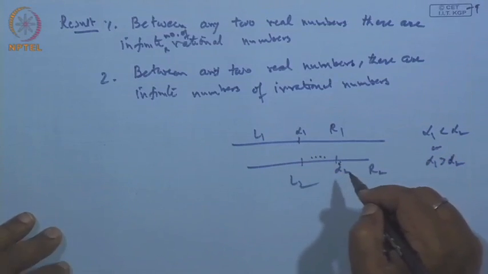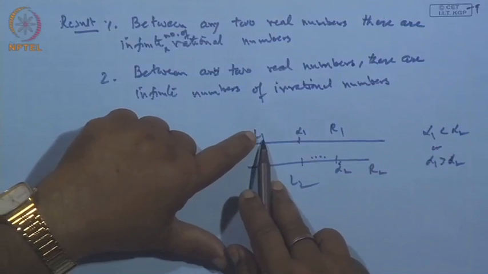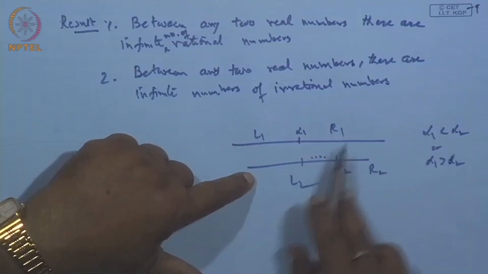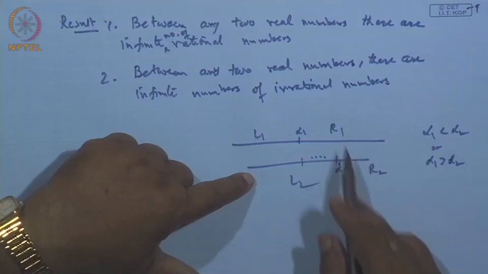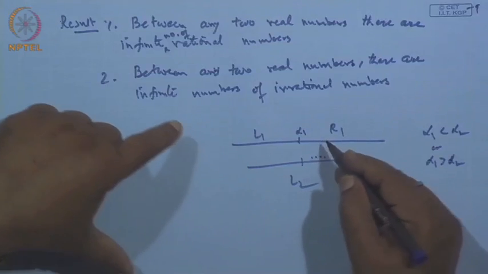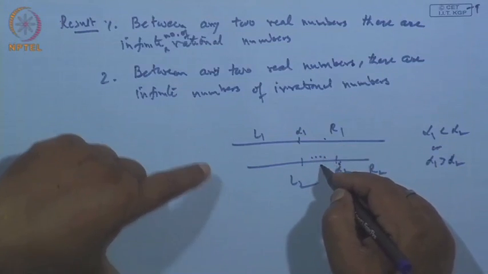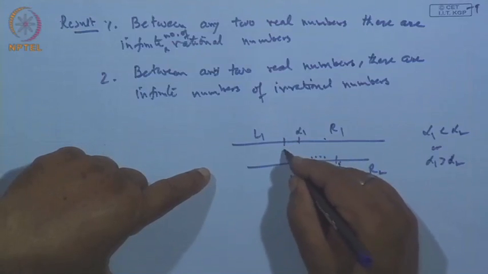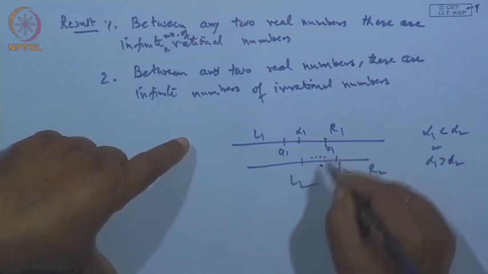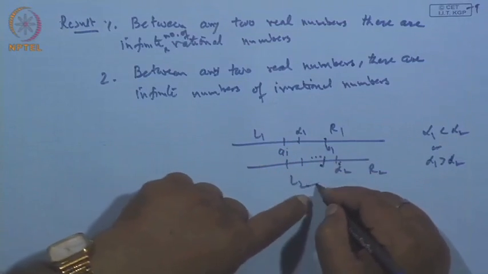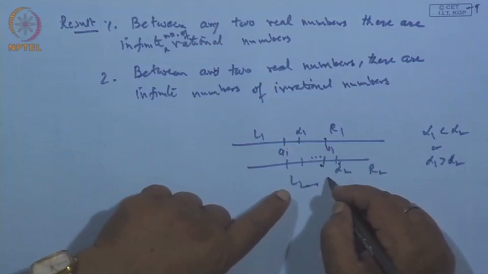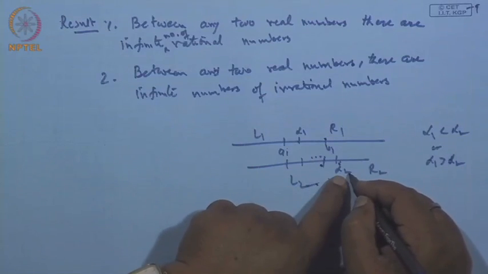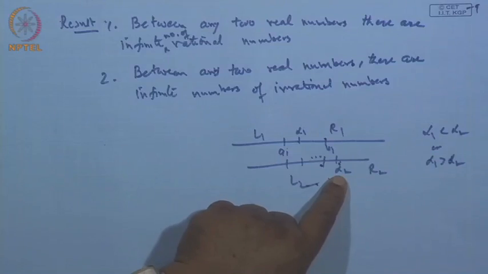Suppose alpha 1 is less than alpha 2, then every element of L 1 is an element of L 2, but every element of R 1 is not. It means some of the points of R 1 are also in L 2. So if I take any point A 1 here and here is say B 1, then these are also points in L 2, and L 2 is the collection of all numbers which are less than alpha 2. In between those we can still find rational numbers, so infinite rational numbers can be introduced. Similarly, okay, we will do this result.